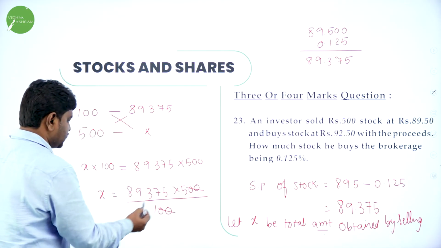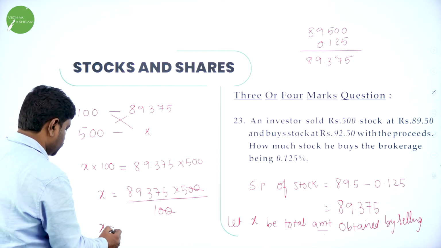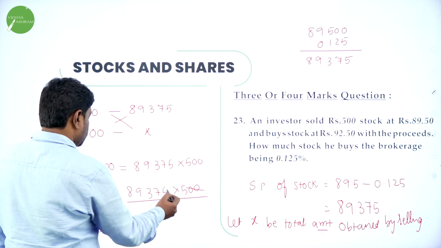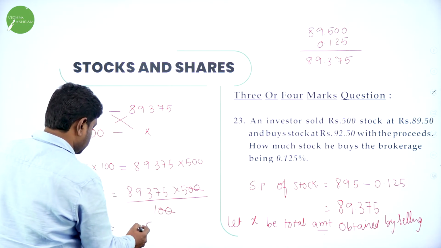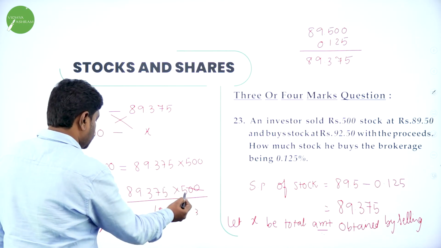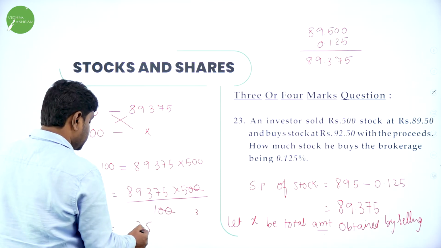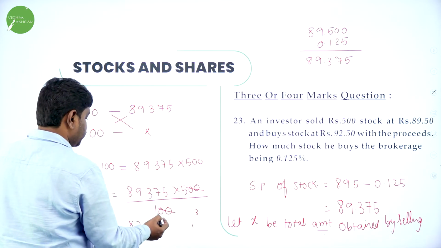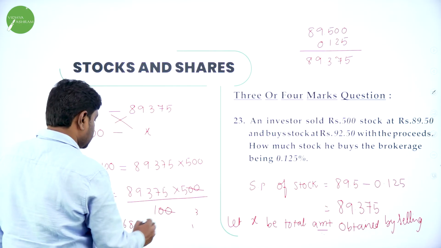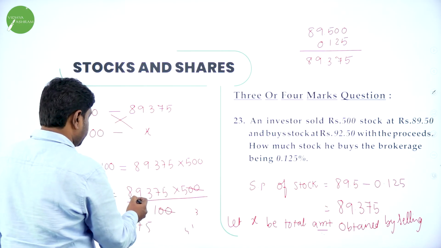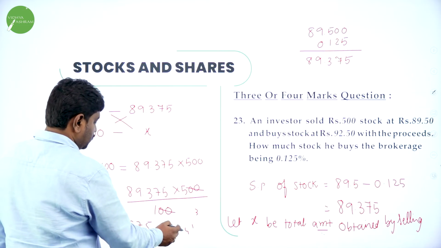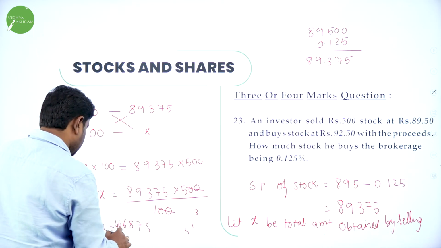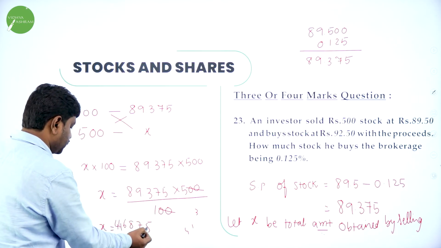The zeros cancel, so multiply by 5. 5 5s are 25, 5 7s are 35 plus 2 is 37, and 5 3s are 15 plus 3 is 18, and 5 9s are 45 plus 1 is 46, and 5 8s are 40 plus 4 is 44, and we need to shift 3 digits for the decimal point.